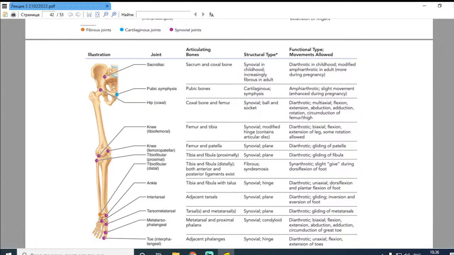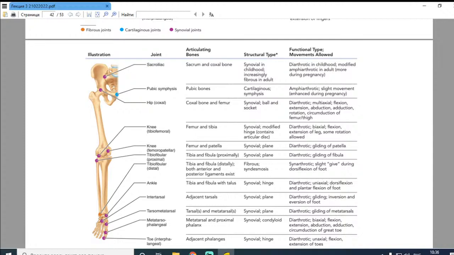Structural type, synovial in childhood, increasingly fibrous in adult. Diarthrosis in childhood, modified amphiarthrosis in adult.